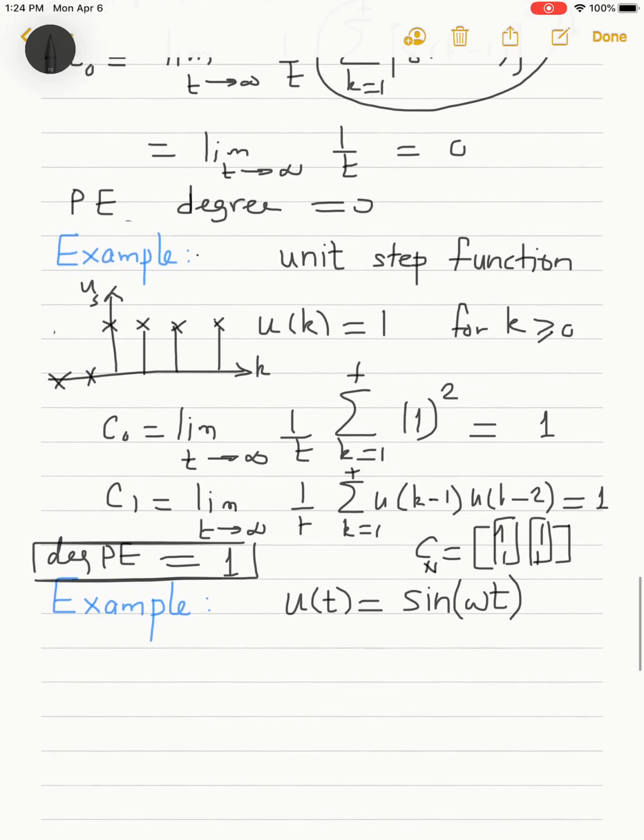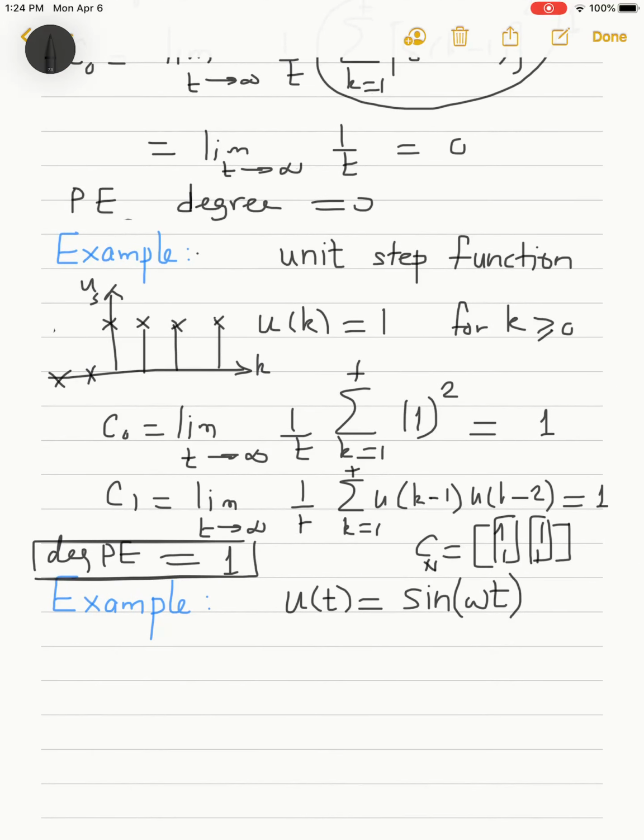The second case I would like to consider here is a sine function. So if I take again C0 as the limit as t goes to infinity of 1 over t, the summation over k from 1 to t, the square of the function, so that would be sine(omega(k-1)), and this all squared.